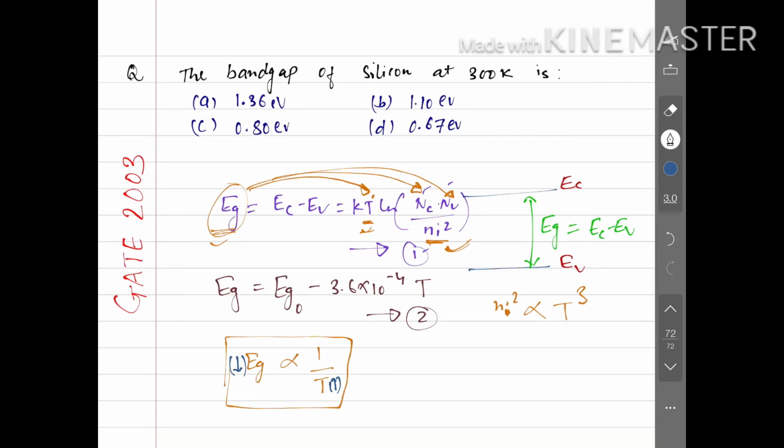Now come to equation number 2. What is this equation all about? Here you have Eg0, T and Eg.